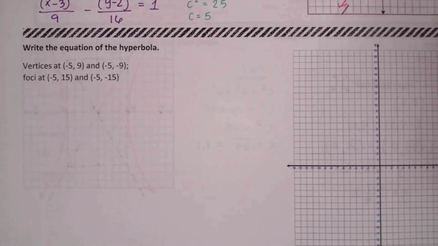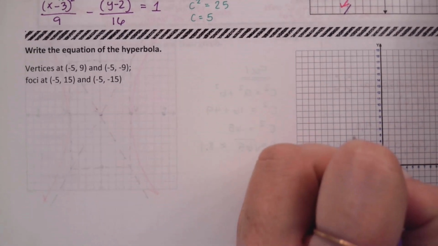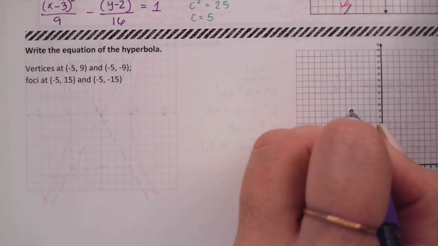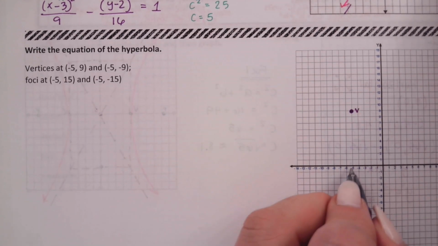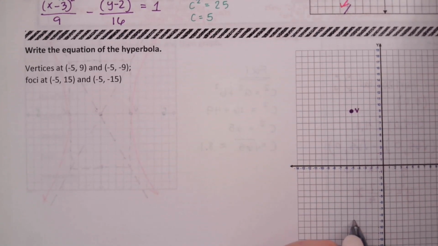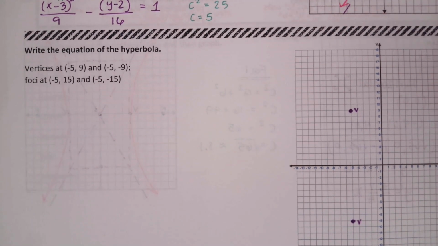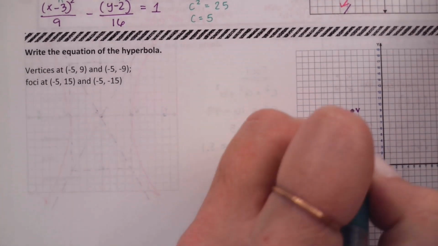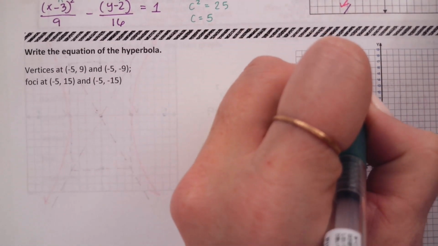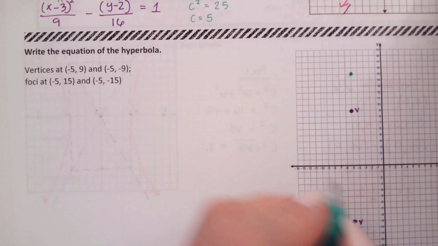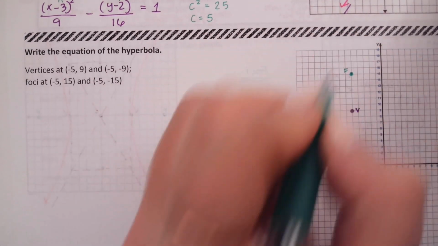So I'm going to graph those. One at -5, 9 and one at -5, -9. And then we're told the foci, one's at -5, 15, and one is at -5, -15.